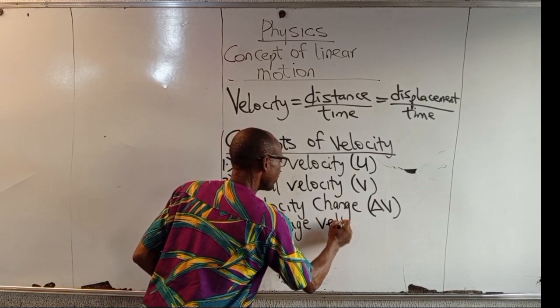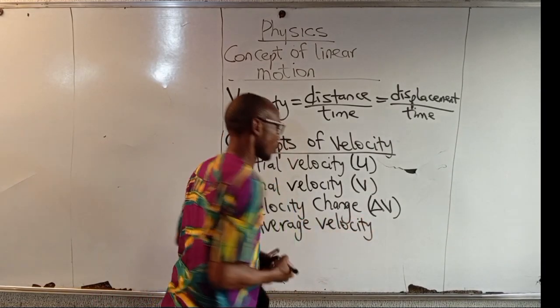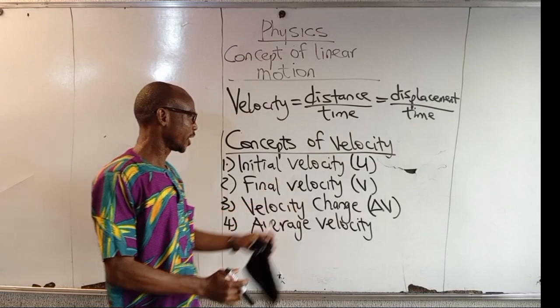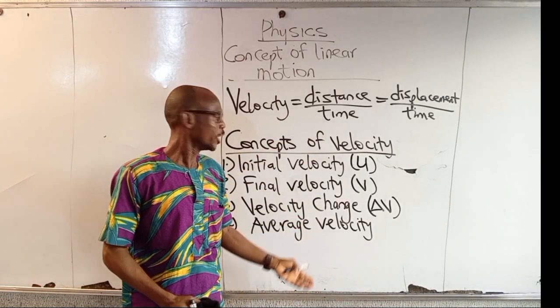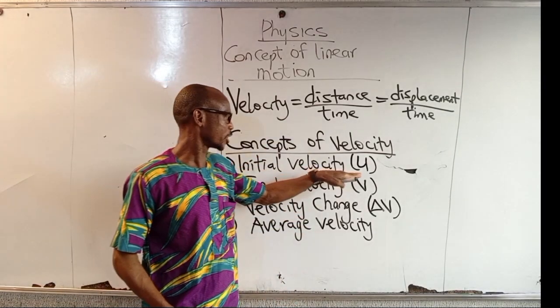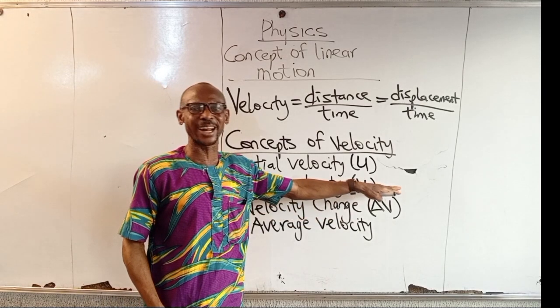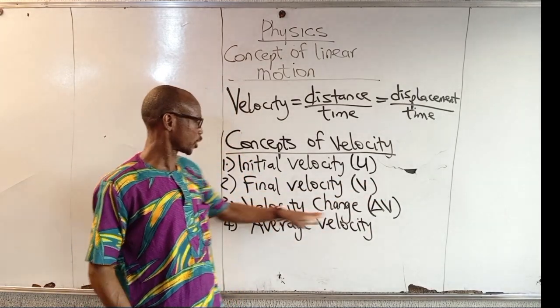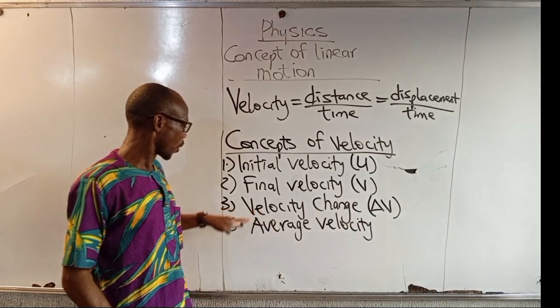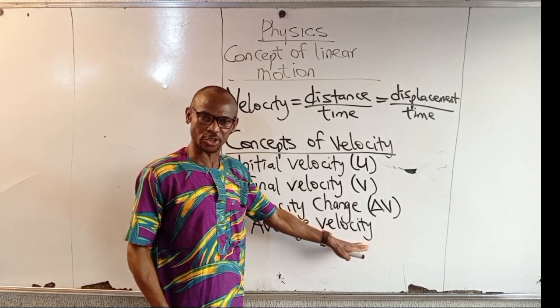When we are talking about velocity, which also means speed, we can say initial velocity or initial speed, final velocity or final speed. We can also say velocity change, and we have average velocity.